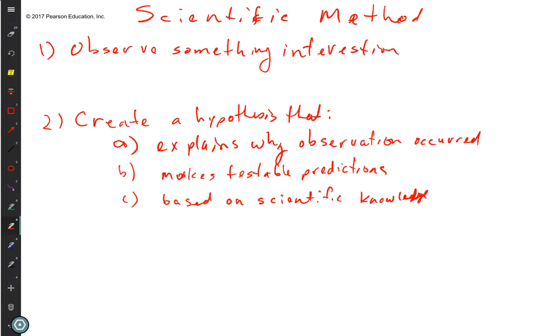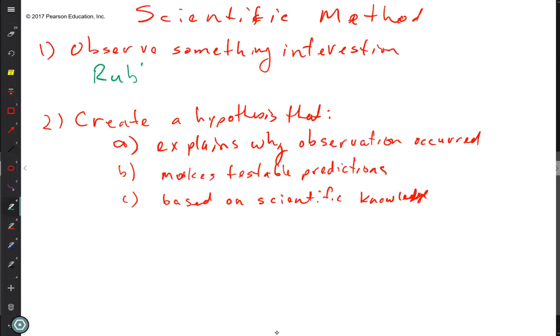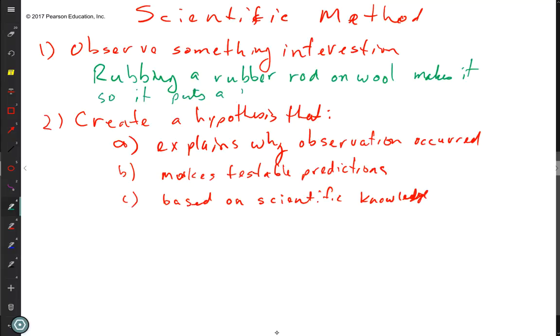That's something interesting, right? So the observation here is rubbing a rubber rod on wool puts a force at a distance, even, didn't have to be touching, on the pith ball.